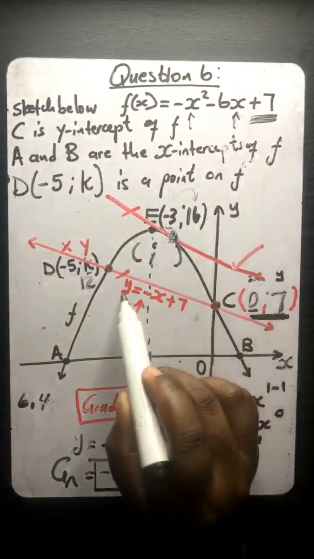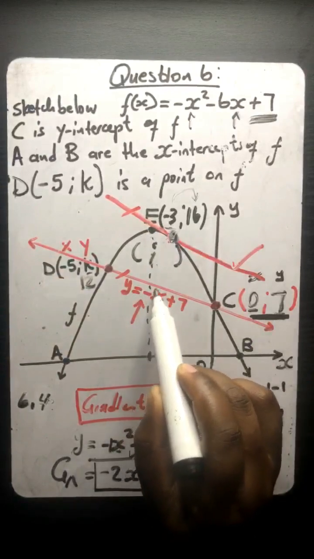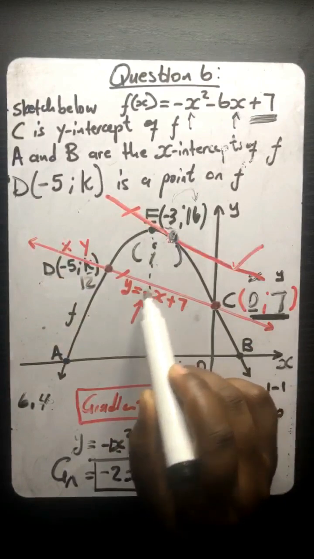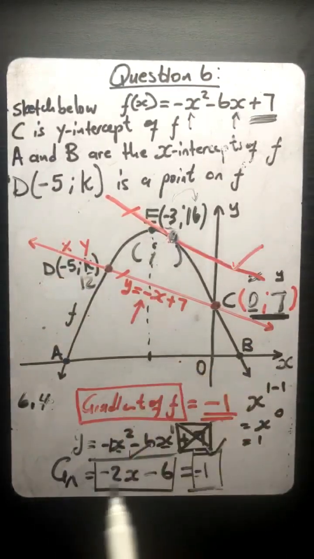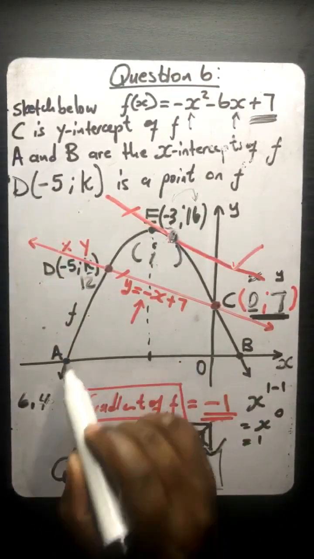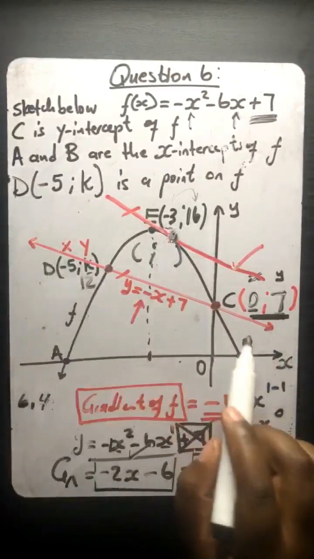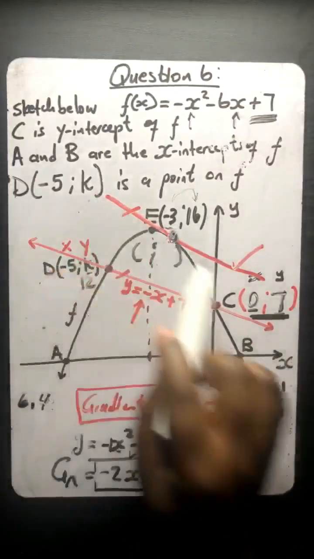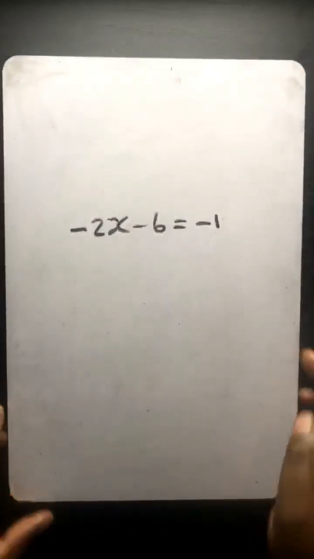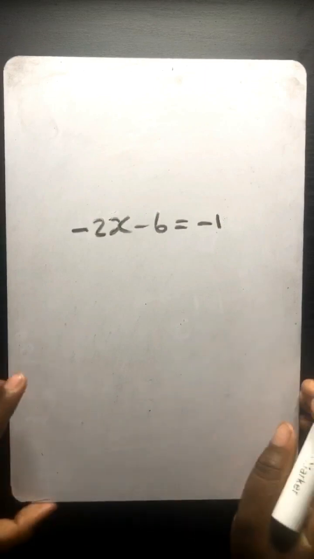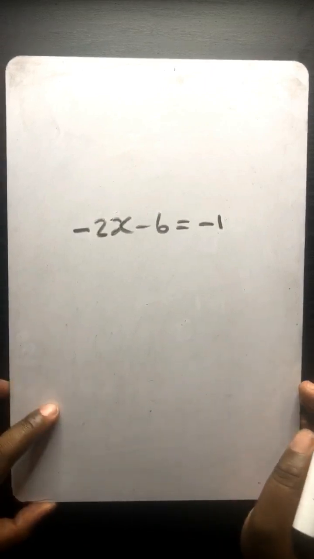So you are having y equals negative 1x plus 7. That's where the negative 1 comes from. So this is the gradient of a parabola, and negative 1 is the gradient of a straight line which is parallel to that line. But in terms of you understanding all that theory, there will be a special lesson to discuss all of that. But for now, we need to work out the x value.